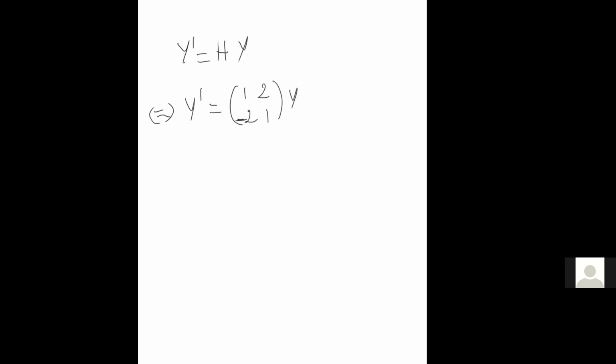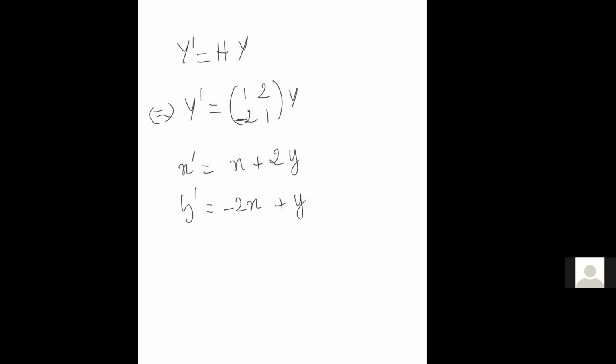So I wrote it again: x prime equals x plus 2y, and y prime equals minus 2x plus y. So last week I did it with a and b in the general way. So let's do it with the numbers, just as an application.